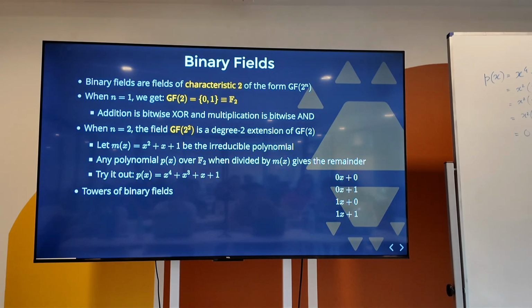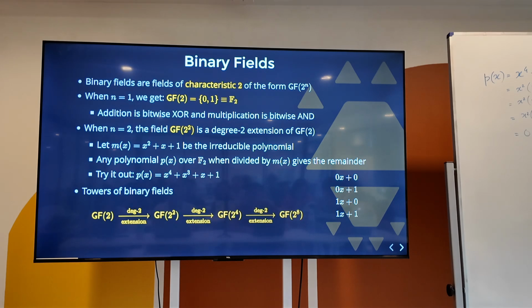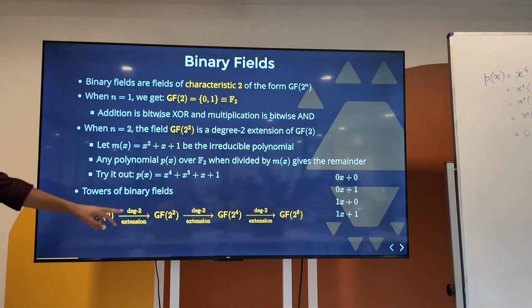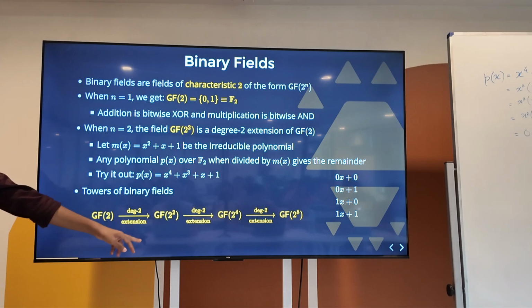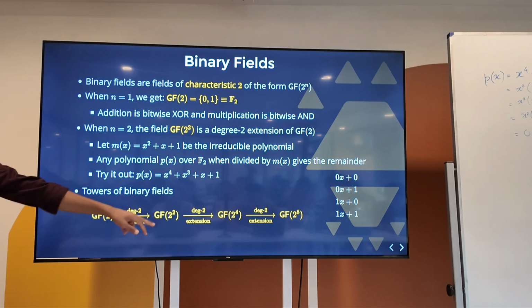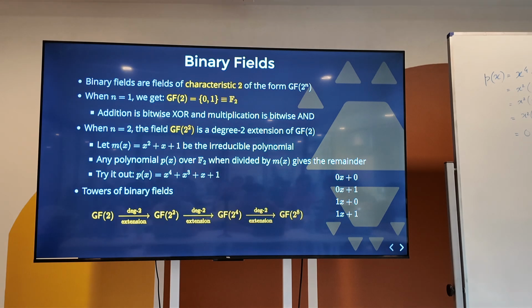Okay, now we can do something more interesting, which is if we keep doing these degree 2 extensions over the new fields that we get. For example, if we start with binary field 0 1, we take its degree 2 extension. Now we take this as the base field, take another degree 2 extension. So we'll keep getting larger fields.